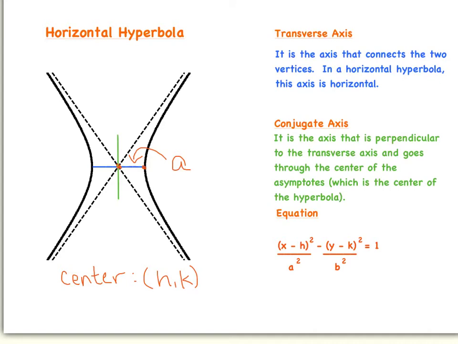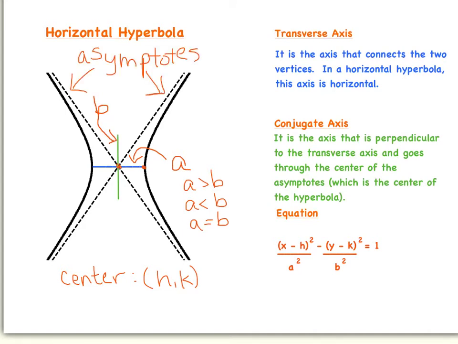In fact, it can be less than the b value, and it can also be equal to the b value. The b value is the distance from the center to the top of the conjugate axis. And in our first example, I will show you how to determine that distance. We will also use the a and b values to determine our asymptotes.